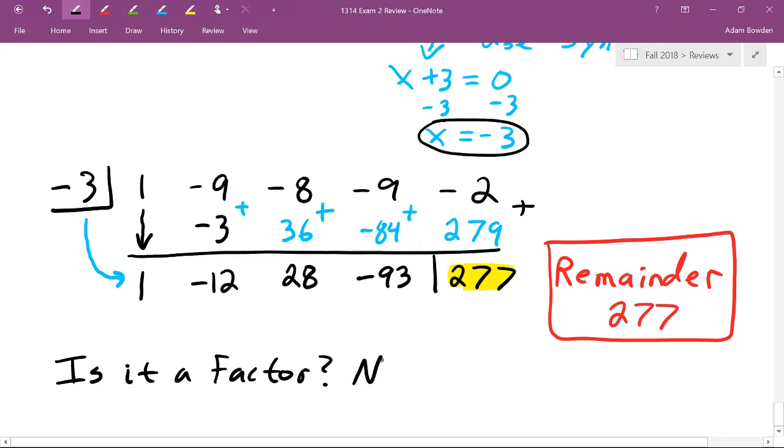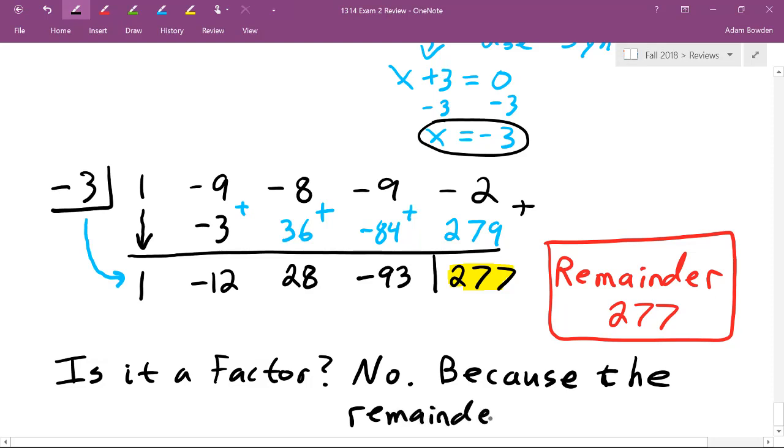In this case, it would not be. And that's because we have a non-zero remainder. So because the remainder is not equal to 0. If the remainder was 0, then we would have a factor.